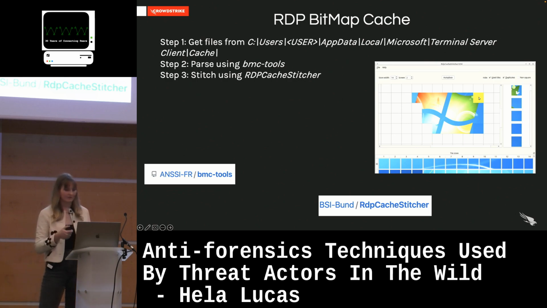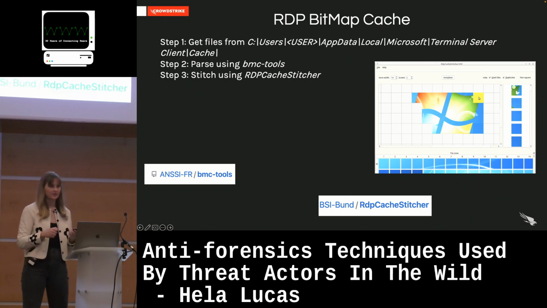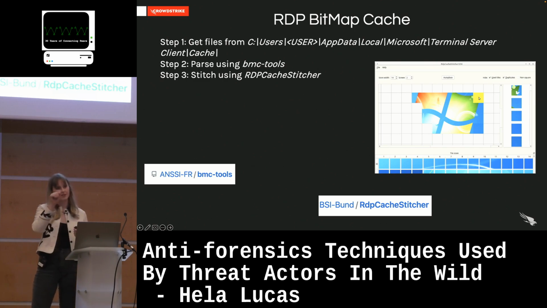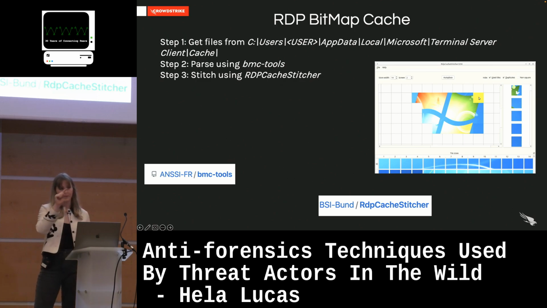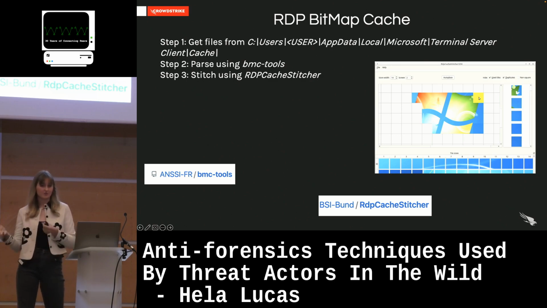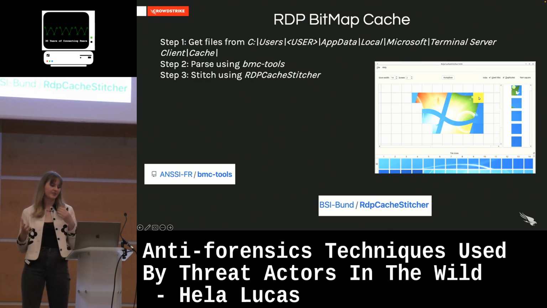I've heard, I don't know if it's true, that these cache files are generated by where the mouse is traveling in the RDP session itself. And apparently, as humans, when we type something or we read something, sometimes we use the mouse to follow along. So that means that anything juicy in an RDP session may be visible in the RDP bitmap cache.